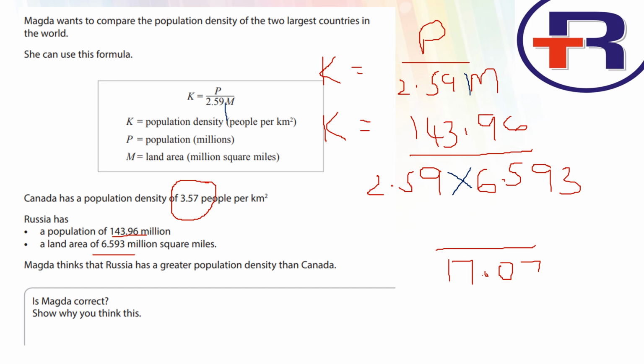Rewrite the sum, 143.96. We've done nothing with that number at the moment, so it stays the same. So now we've got 143.96 divided by 17.07, which equals 8.4.